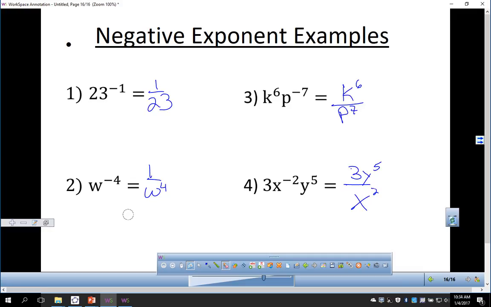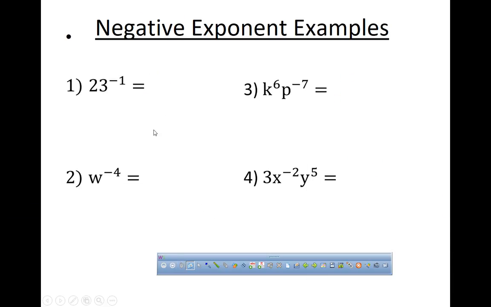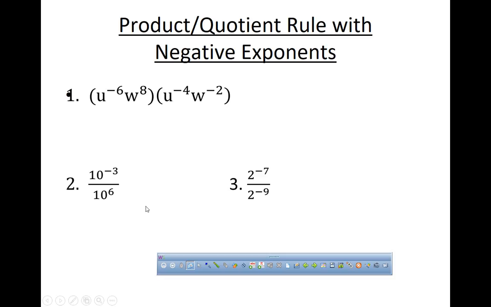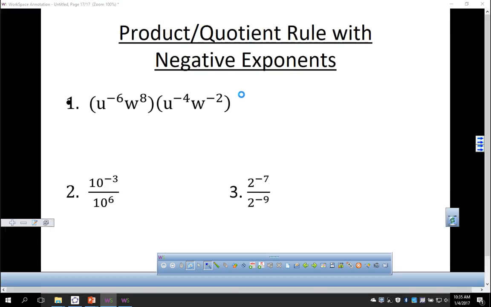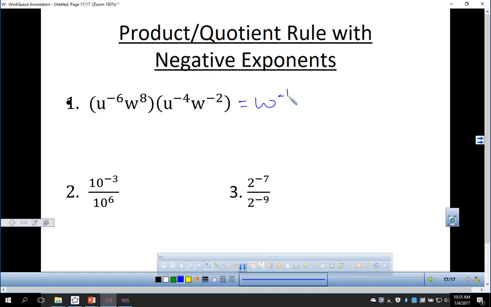What if I had product and quotient rules with negative exponents? Oh my goodness. What if I saw something like this? What do I do with the exponents when I multiply? Add them. So what's negative 6 plus negative 4? W to the negative 10.